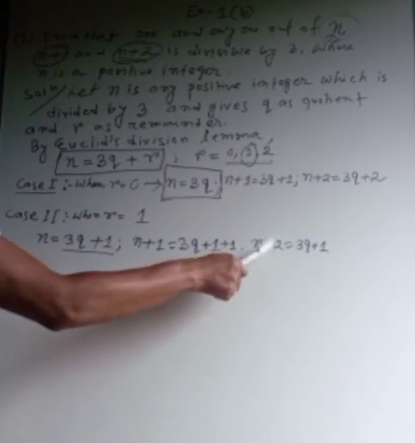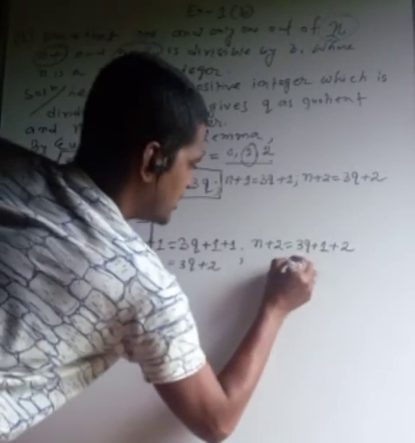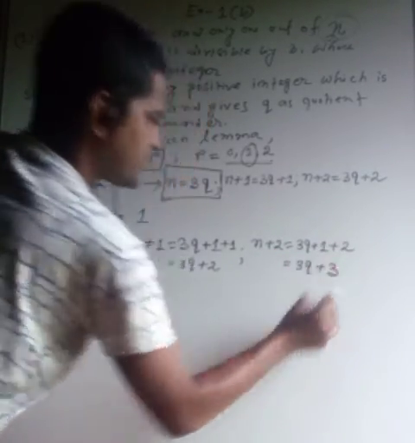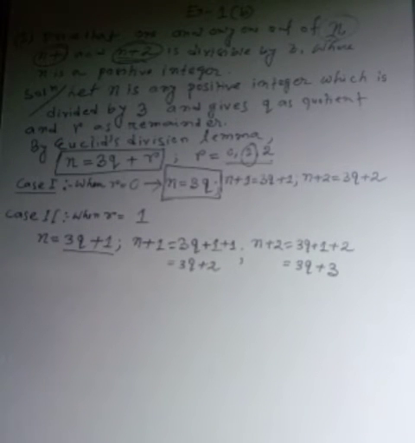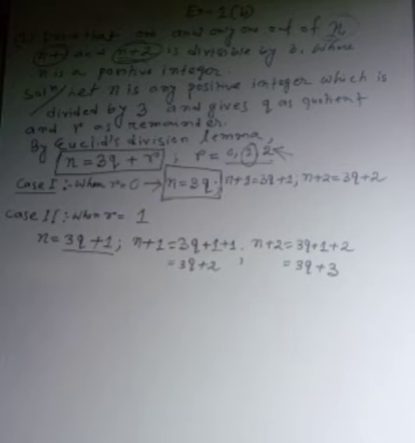Then again there is plus 2. So this equals 3q plus 2 plus 1, it will be 3. So this 2 also remains.